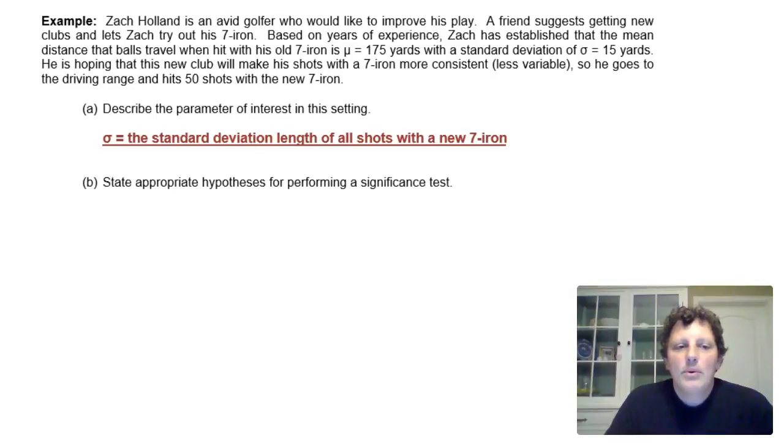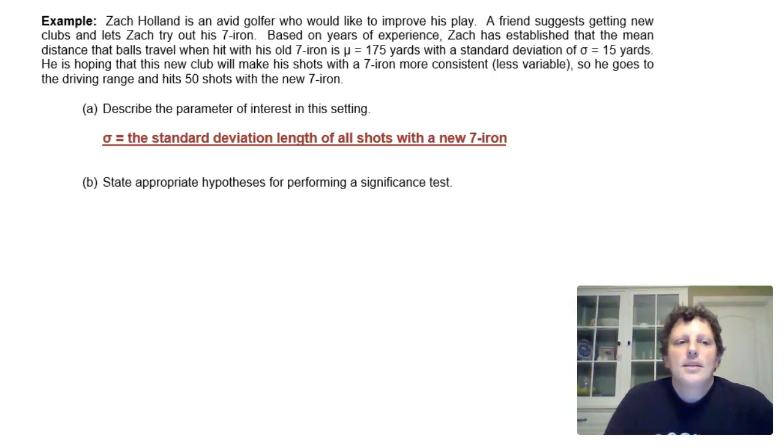But in this example, we are going to be using standard deviation. So don't let that throw you. That's not going to be a normal thing, but certainly we could do this procedure about other things than means and proportions. Okay, that's just kind of what we're going to focus on in this course. So example, Zach Holland is an avid golfer who'd like to improve his play.